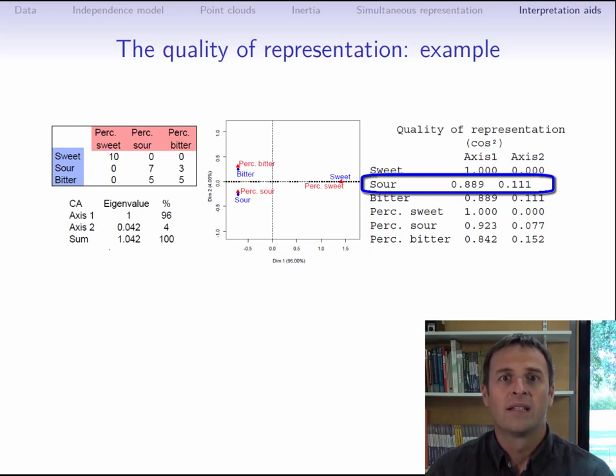And clearly, this makes sense. Along the first dimension, sourness is never associated with perceived sweetness, while on the second dimension, sourness is occasionally associated with bitterness. Thus, the deviation from the mean profile is much larger on the first dimension than on the second.